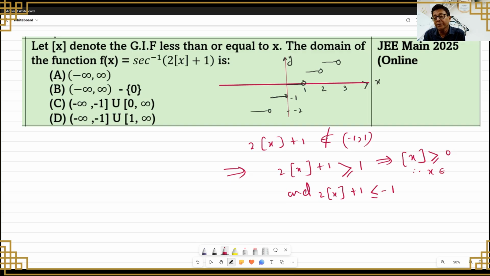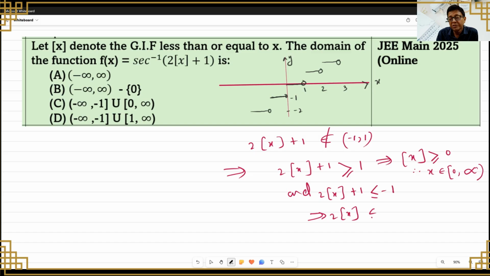X belongs to which interval? X belongs to this interval where 0 is included. So it will be 0 to infinity. Am I clear? Hope you have understood. And for this part, this is less than or equal to -2. So modulo x less than or equal to -1. This implies x belongs to where? Less than or equal to -1.